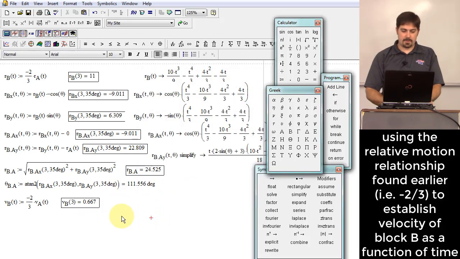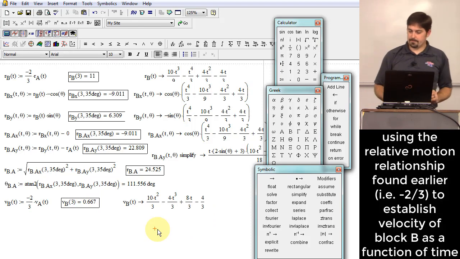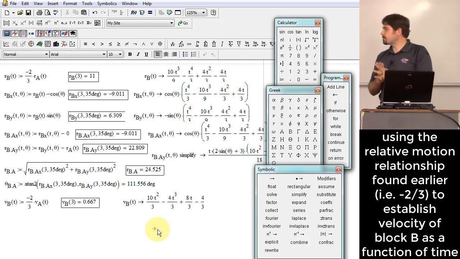All right, we can also do that symbolically if we want to get the function. Okay, and this is in the direction that B is moving.